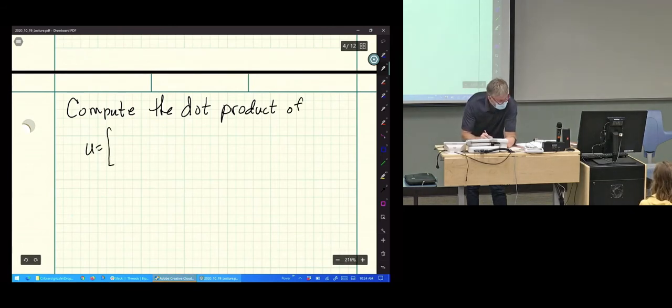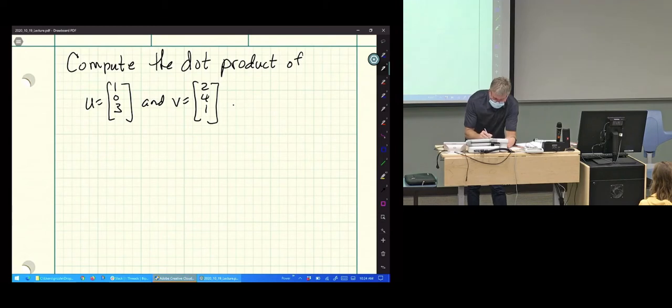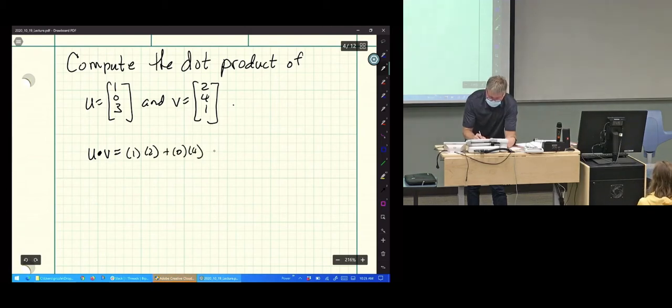Let's say u equals 1, 0, 3, and v equals 2, doesn't matter what I put there, 4, 1. You can probably compute it faster than I can write it down. u dot v: first components multiplied, second components multiplied, third components multiplied, and you add them all up. That's 2 plus 3, and you get 5.